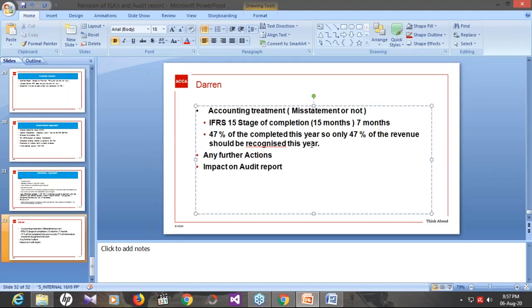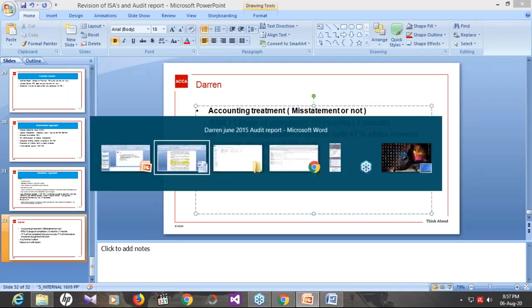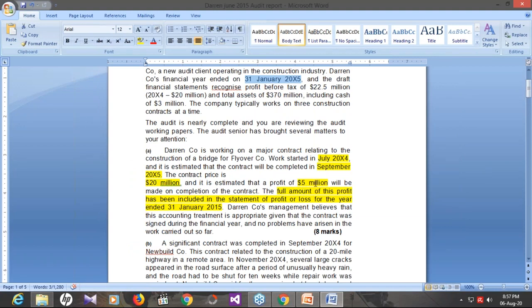But this is not the case in this scenario. The company has recognized 5 million profit. If we calculate 46% of 5 million, it is 2.3 million.